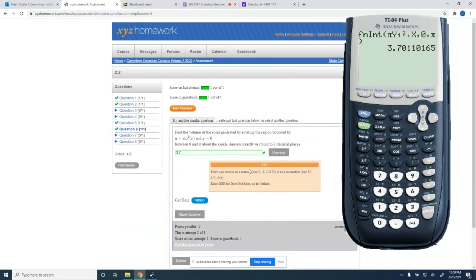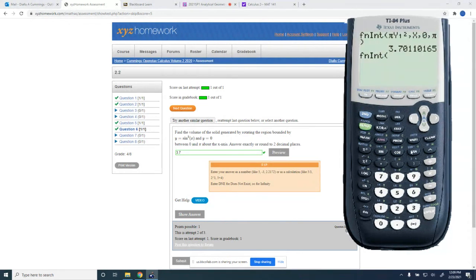Okay. So here my mistake was, if you're not using y sub 1, when you put that into the function integration, I'm going to put in the sine of x squared, and then you have to square it again, comma, x from 0 to pi, and then you will get 3.7.